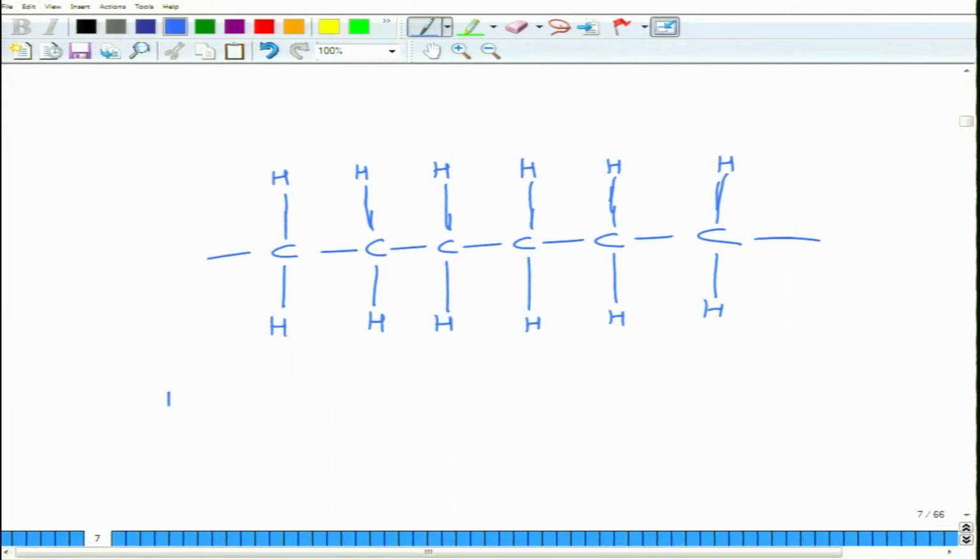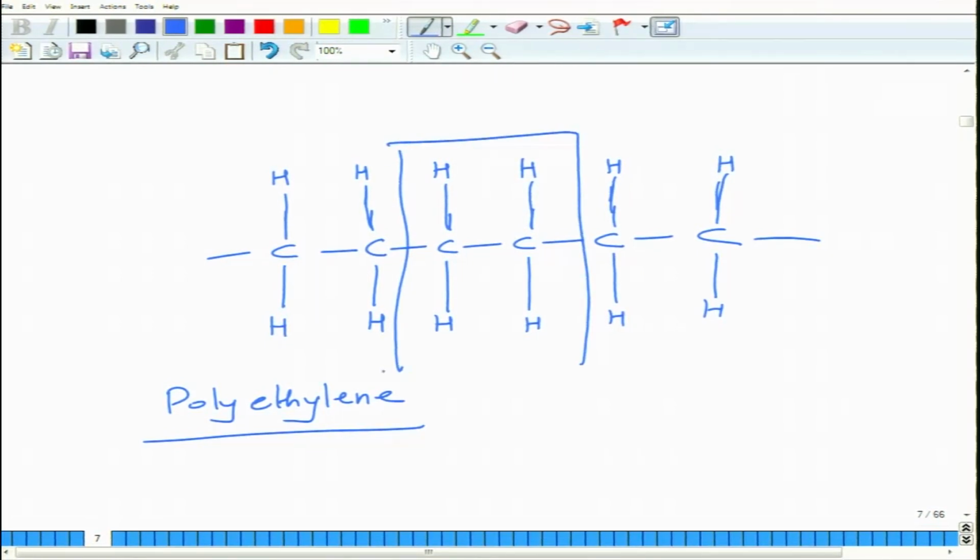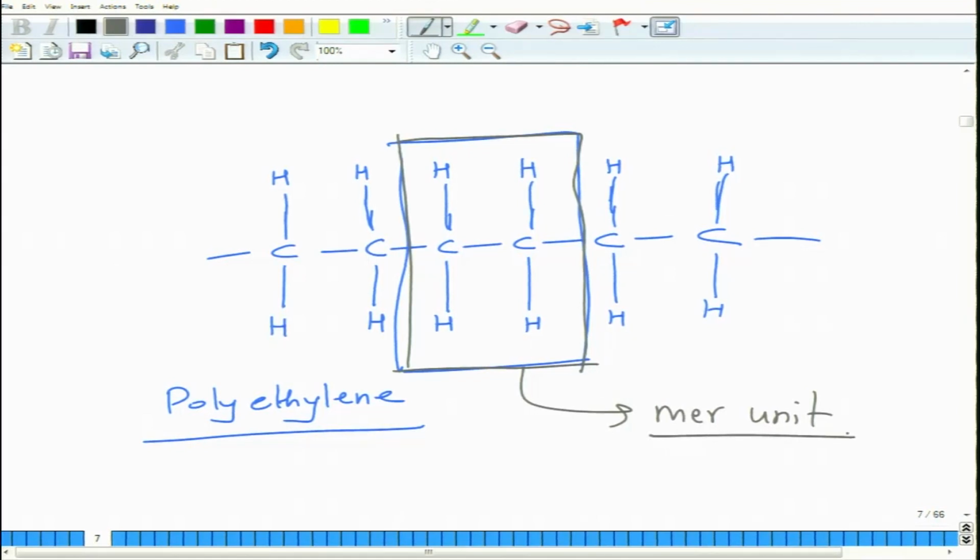So this is called polyethylene, and the basic unit of this is the one shown here in this box. This is the mer unit or the monomer.